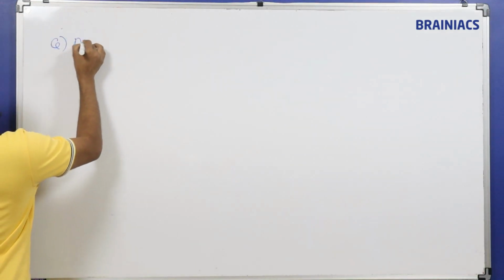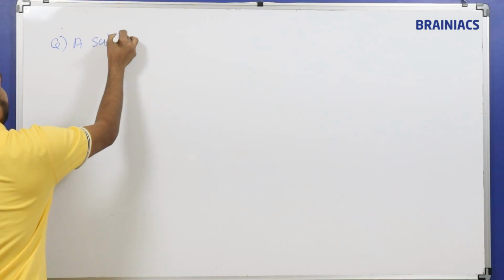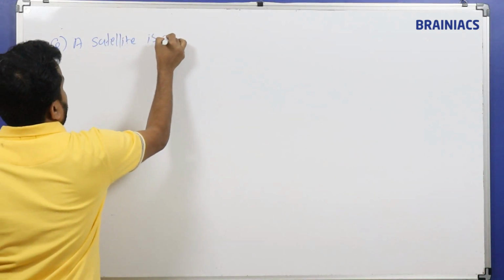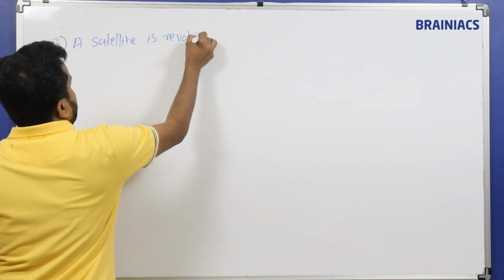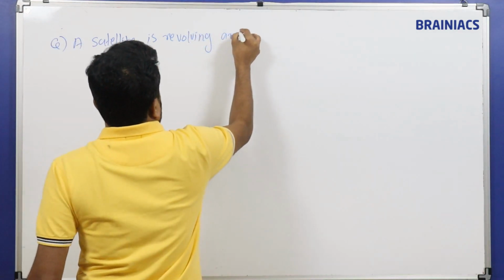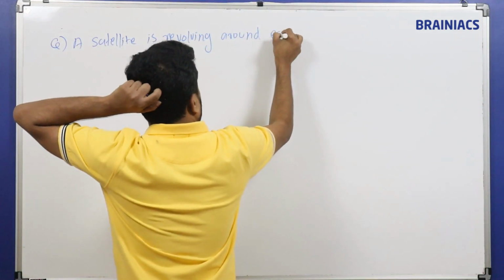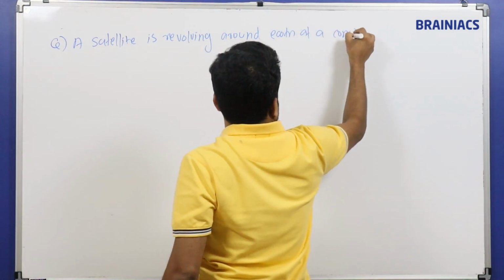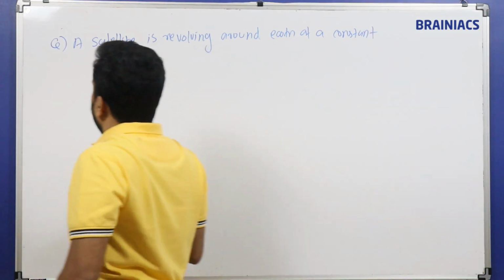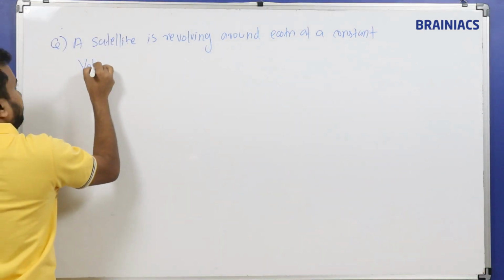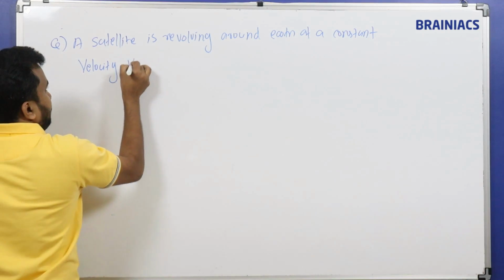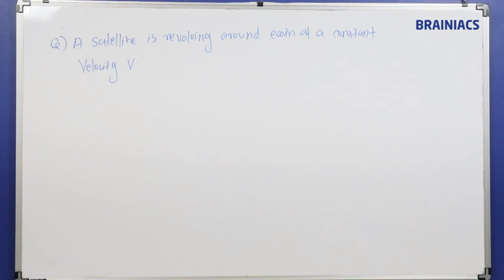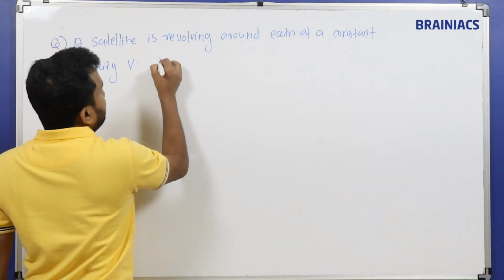A satellite, write the question. A satellite is revolving around Earth at a constant velocity v, which means a satellite which is moving around the Earth at a constant velocity v.